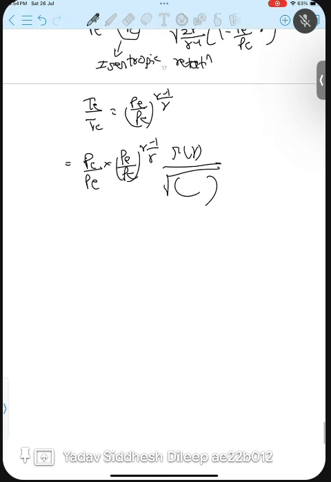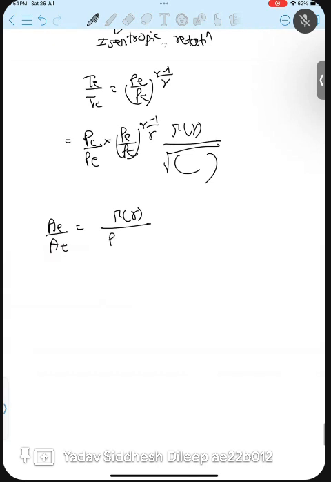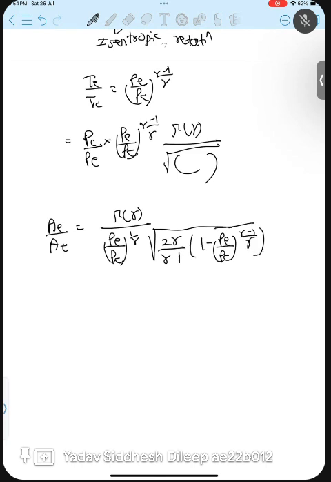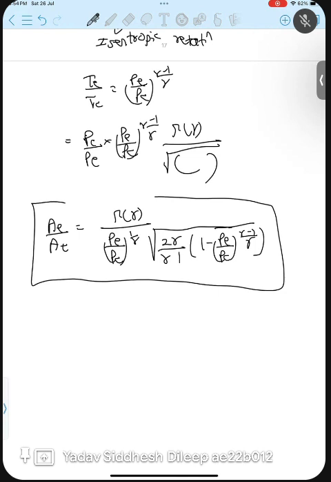Then after simplifying it further, you get A by At equals gamma of gamma upon P by Pc raised to 1 by gamma, under root of 2 gamma upon gamma minus 1 into 1 minus P by Pc raised to gamma minus 1 by gamma. Okay, this is important.